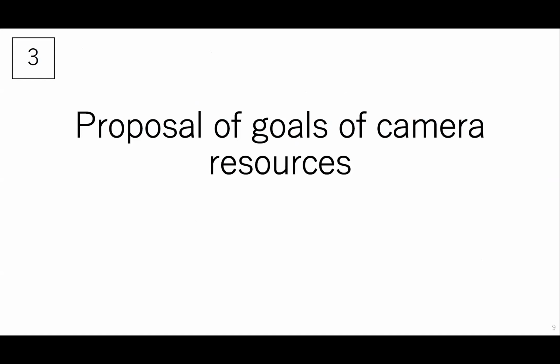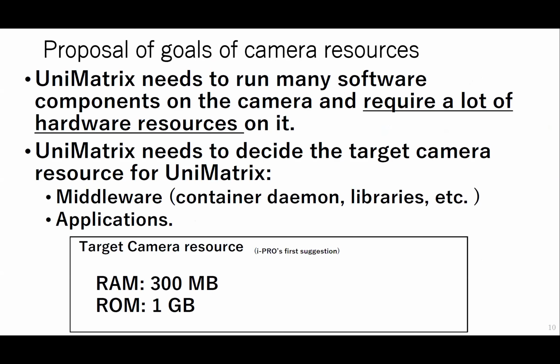The third item is the proposal of goals for camera resources. Unimatrix needs to run many software components on the camera and requires a lot of hardware resources on it. Unimatrix needs to decide the target camera resource.